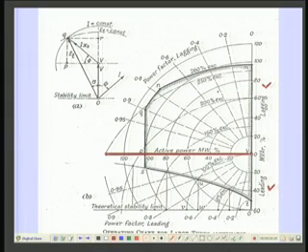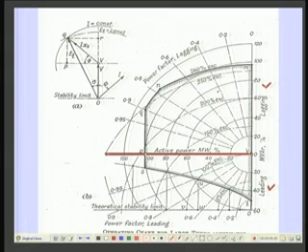The region in which the generator is to operate is confined by some considerations. One consideration is the maximum real power output, that is determined by the turbine capability.